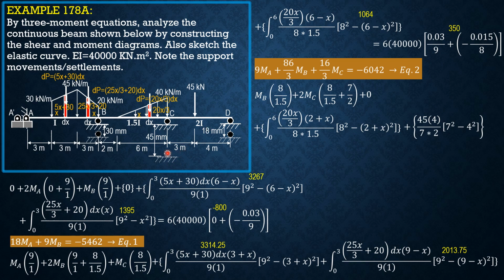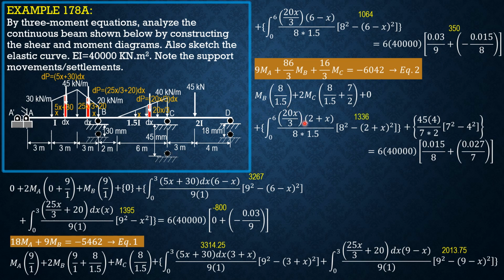The horizontal line through C, the middle point. So we have HB 15 mm above and HD 45 minus 18, so 27. So D is 27 mm above the horizontal line through C. So therefore equals 6 times 40,000, quantity 0.015 over 8 plus 0.027 over 7.